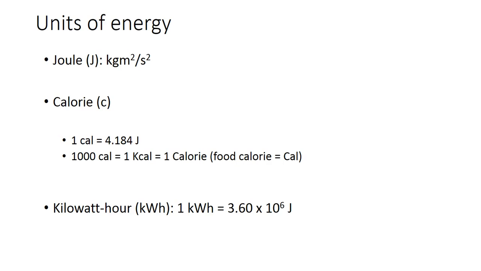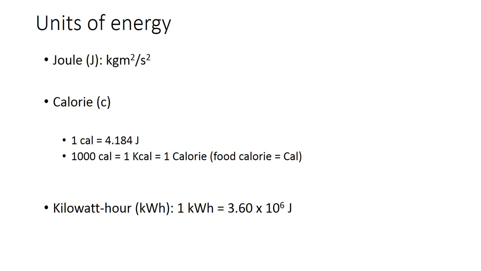So if you buy something and you see written, this food has 5 calories, what it means is that it has 5,000 calories. But in terms of food, those will be 5 calories, because 1000 calories is equal to 1 kilocalorie, which is equal to 1 nutritional calorie.